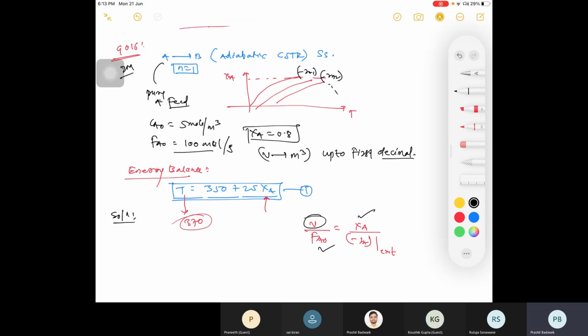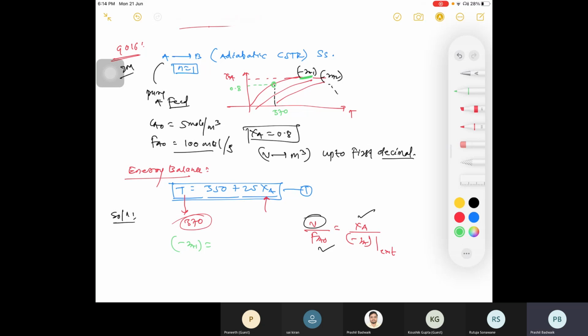For this, I'll tell you, because I cannot draw the graph here. Please write down: you have temperature 370, and for conversion 80%, this is your minus Ra value, minus Ra1.